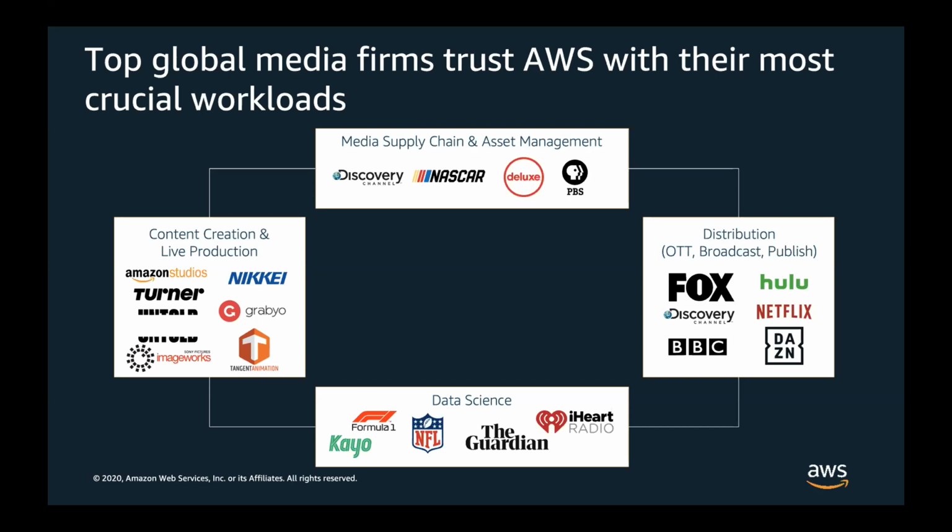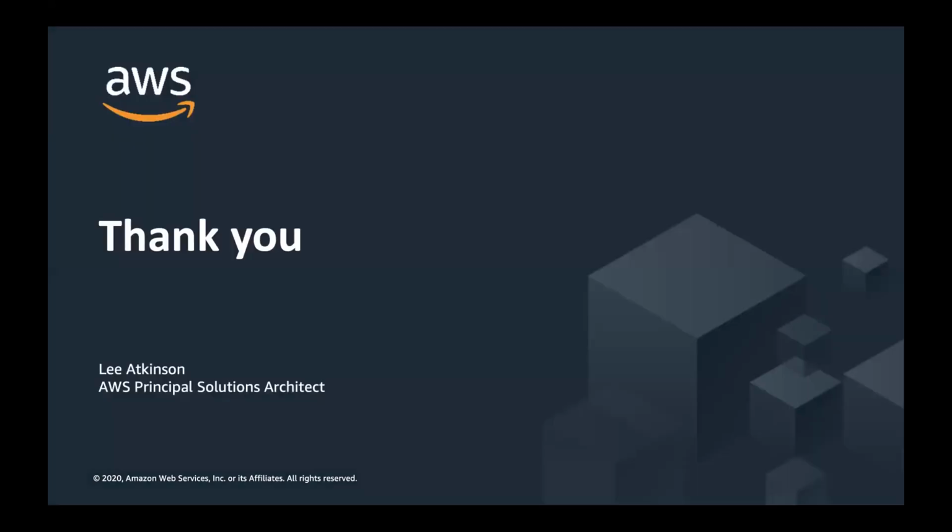And then in the data science piece, I'll call out Formula One. Formula One use Amazon SageMaker that I mentioned earlier to develop machine learning models. This allows them to provide F1 insights, which engages the fans, letting them see the predictions and the analysis of the data coming off the Formula One cars. So that's a quick run through, and I'll hand you back to Ollie.